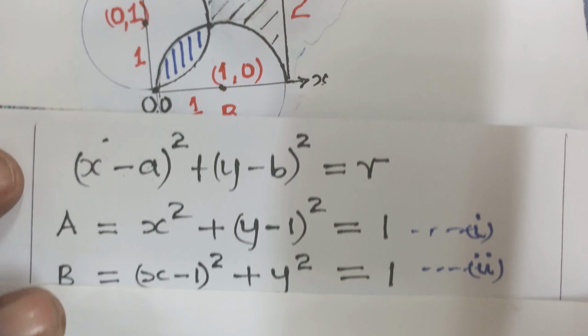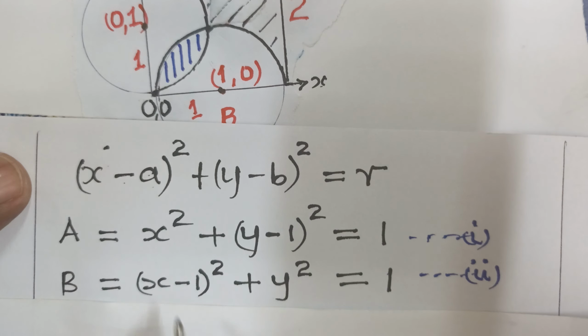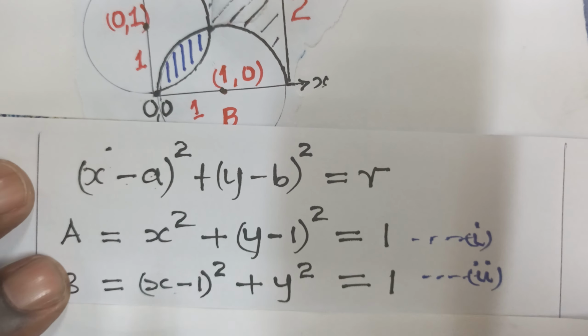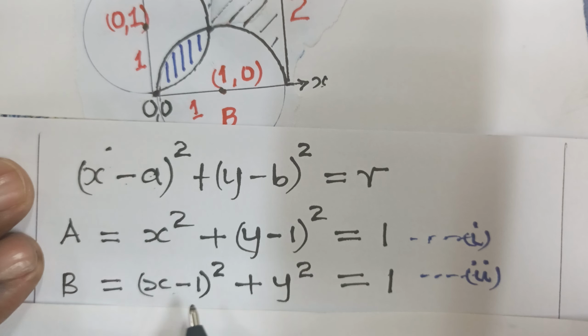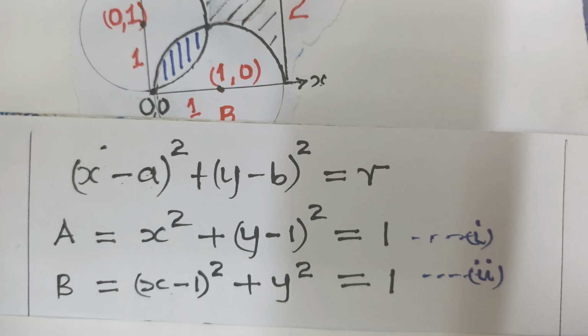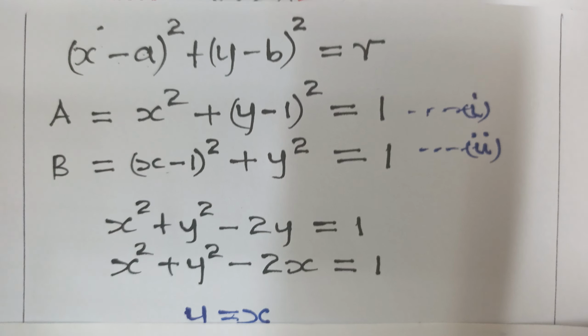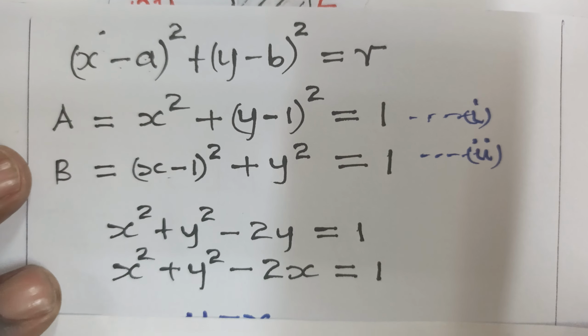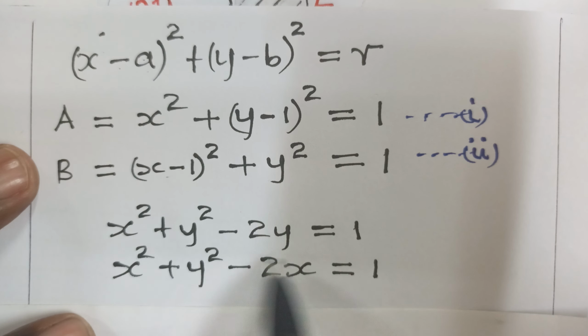For the circle A, we have this equation. And for the circle B, we have this equation. Guys, now we need to get the point of intersection. And that can be done by solving this simultaneous equation. When we continue like that, guys, we shall have this simultaneous equation. And as you can see, almost all the terms are the same except these two terms.